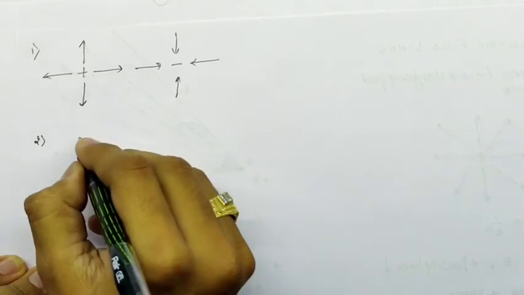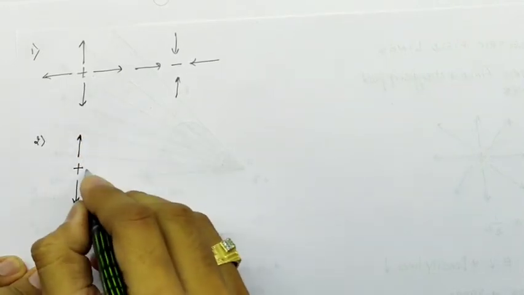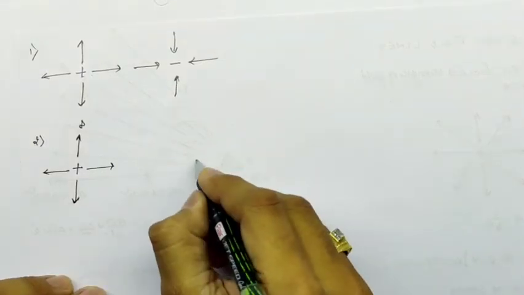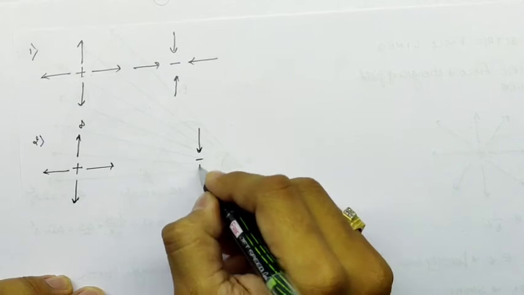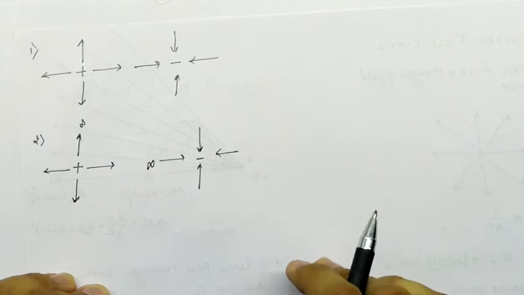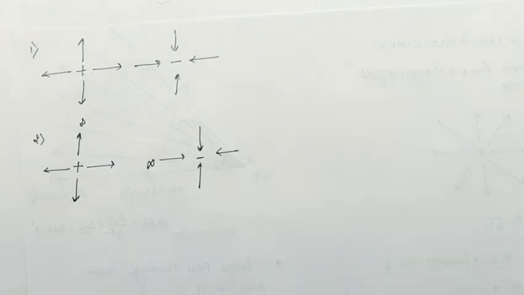Let's discuss the second. For a positive charge, electric field lines go toward infinity, because there is no stop point for the field lines. Similarly, for a negative charge, field lines come from a large distance, from infinity. In a charge-free region, electric field lines can be taken to be continuously curved without any break. Two field lines can never cross each other.